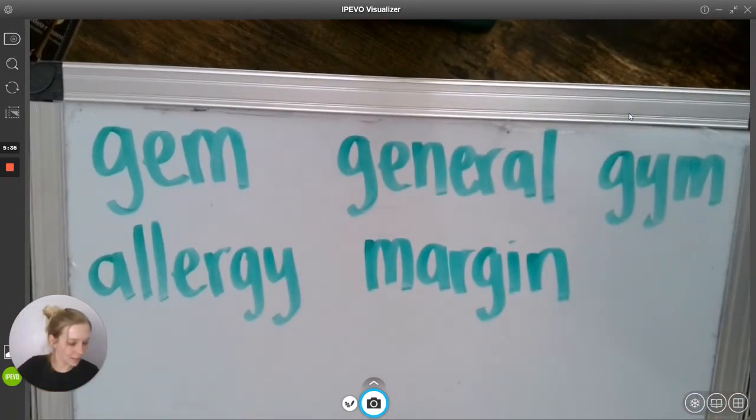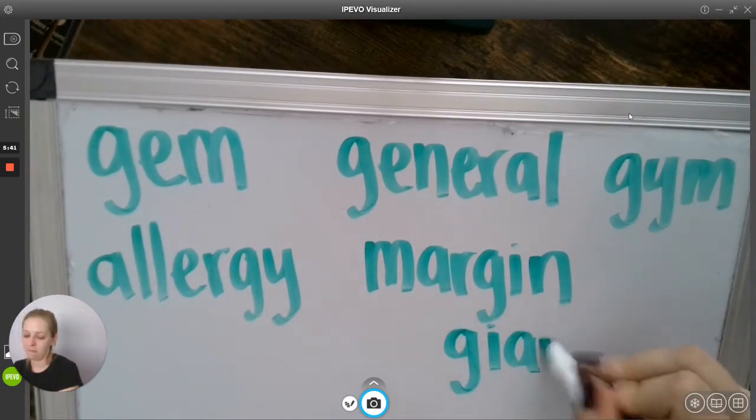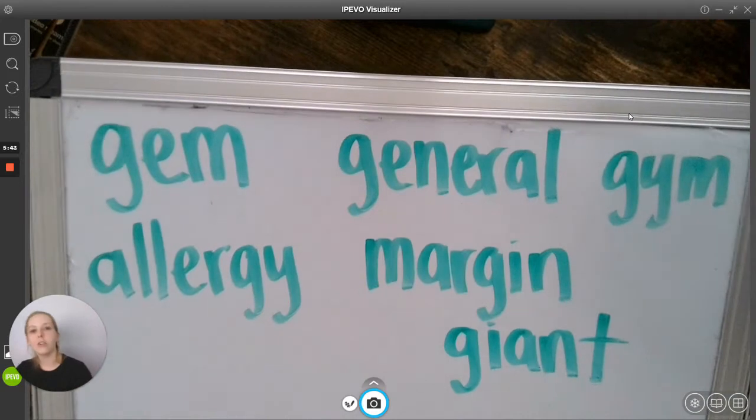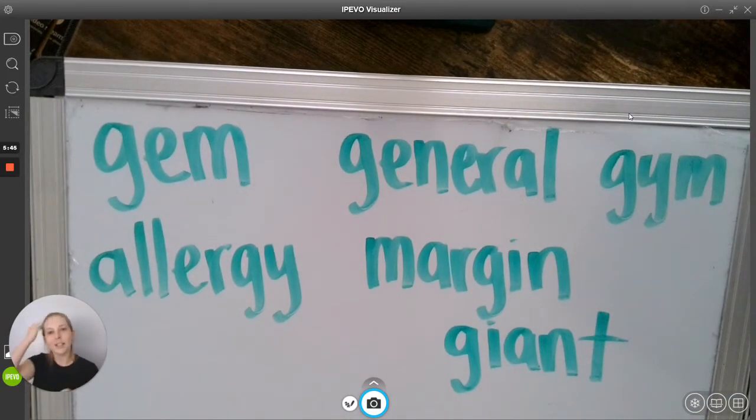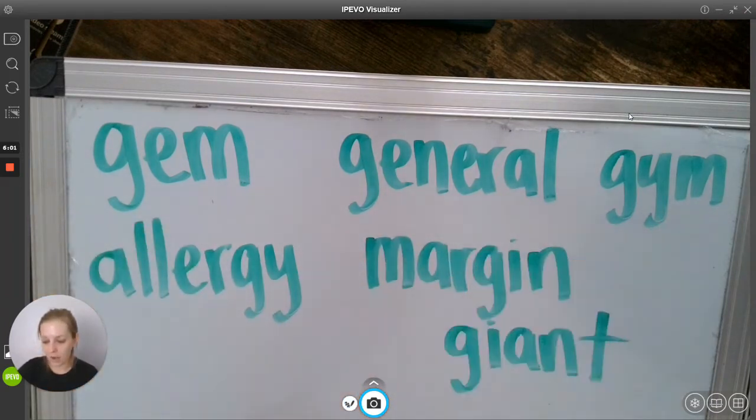Margin. And we'll do another one. Giant. What do you notice about these words? G is making what sound? It's making its soft sound J. And remember, G softens to J before E, I, or Y. Good.